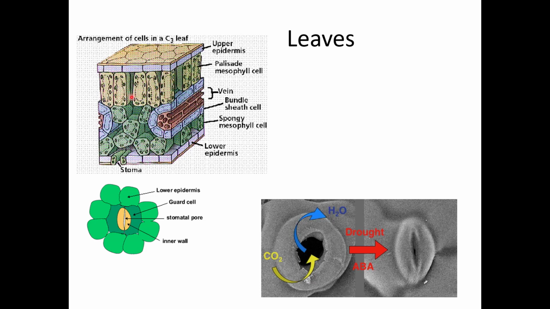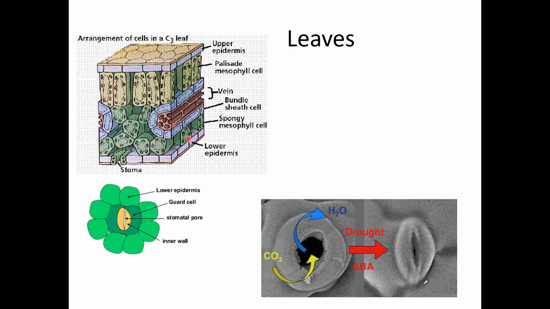Now, the leaves also have a tissue called mesophyll, which you can see written here. There are two layers of mesophyll. The palisade mesophyll. Palisade means column-like, so they look kind of like columns. They're long and skinny. That's where most of the chlorophyll is for the light reactions. Down here is the spongy mesophyll. These cells have some chloroplasts as well, but there are fewer cells down here, and they're kind of round and spaced out. There's lots of air pockets, lots of surface area for gas exchange.